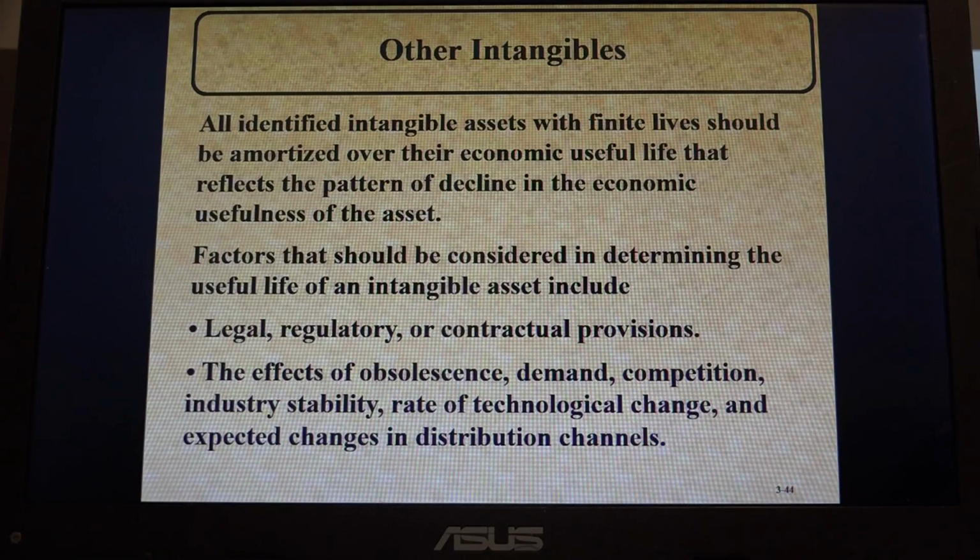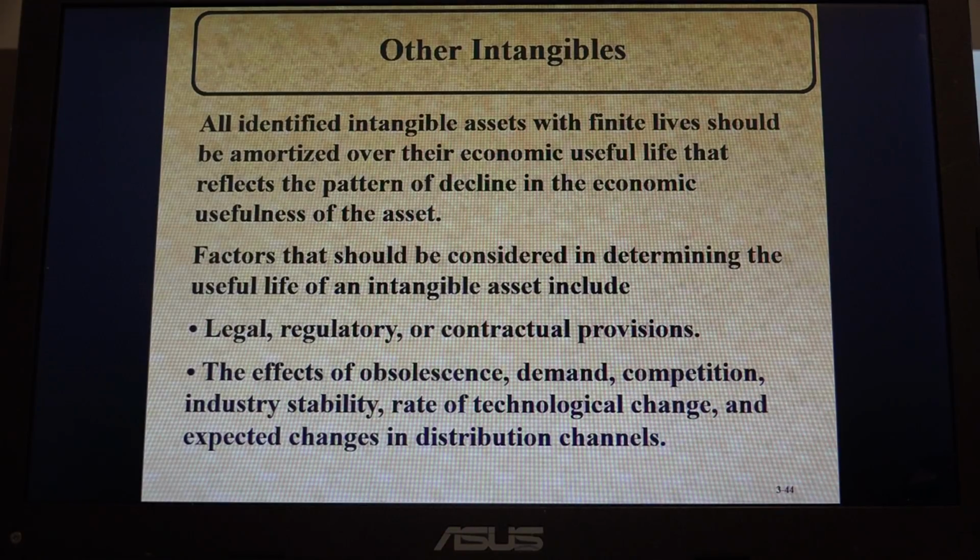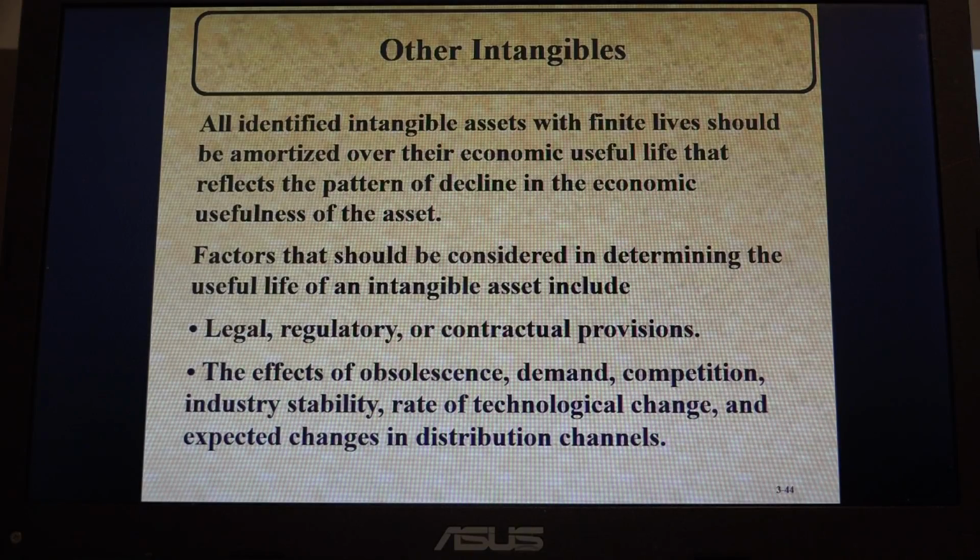In that case of the patents, that was amortized over a 10-year period, but the trademarks just sat there at their original fair value. And so because the trademarks had an infinite life, they still have to be tested for impairment.